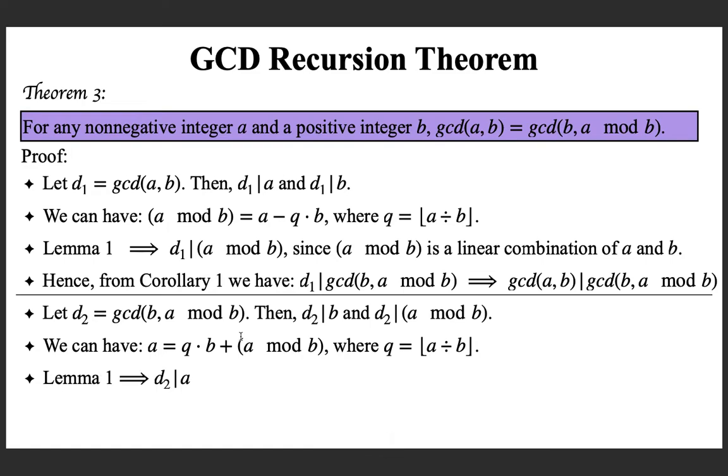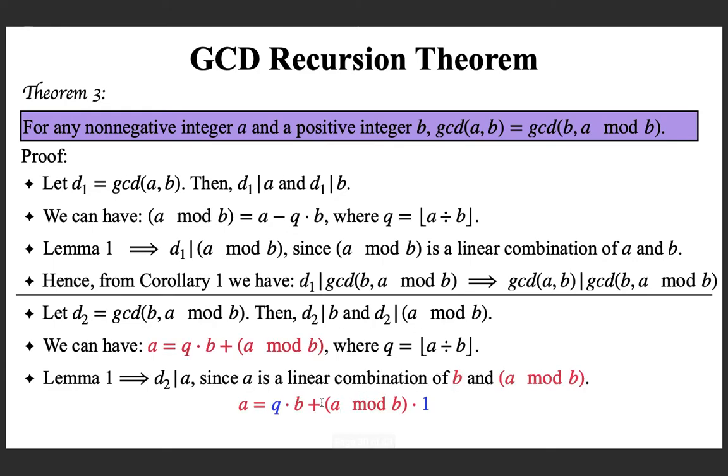Now lemma 1 says that if we have a common divisor D, then D divides any linear combination of A and B. So here A is written as a linear combination of B and A mod B: B multiplied by an integer plus A mod B multiplied by an integer.